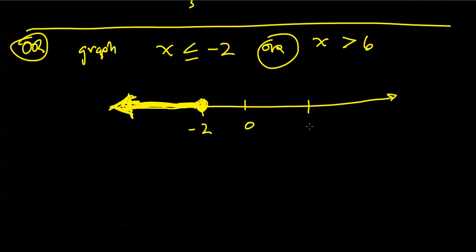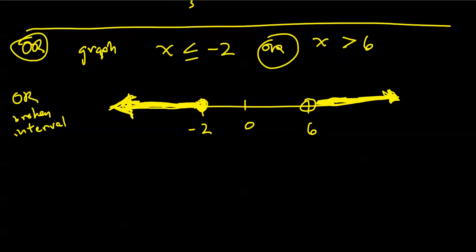I'll put 6 up here somewhere. Strictly greater than means an open circle at the boundary value of 6, and greater than 6 means to the right of positive 6. Alright, so typically in these or situations, you end up with a broken interval, what I call a broken interval for obvious reasons, on our number line. Okay?